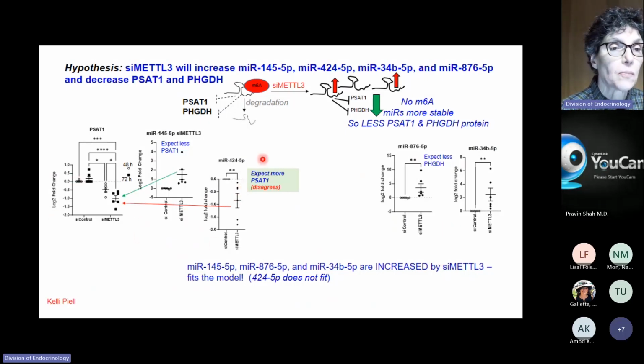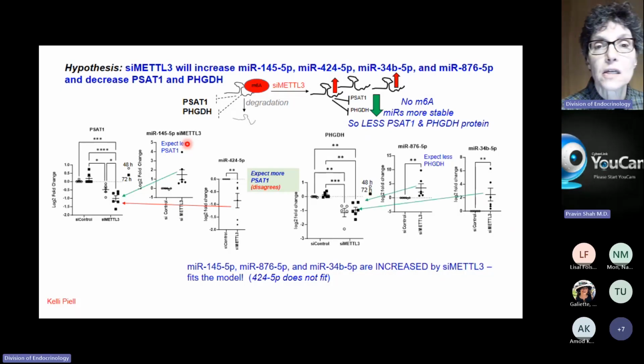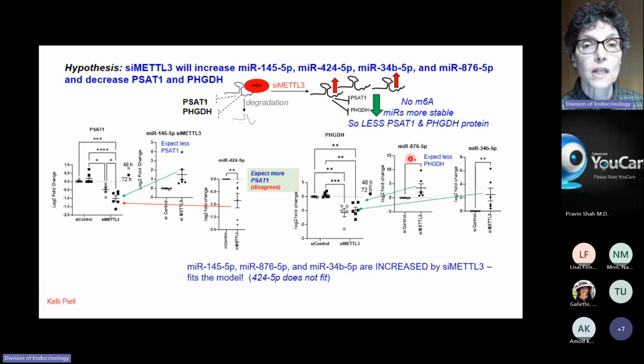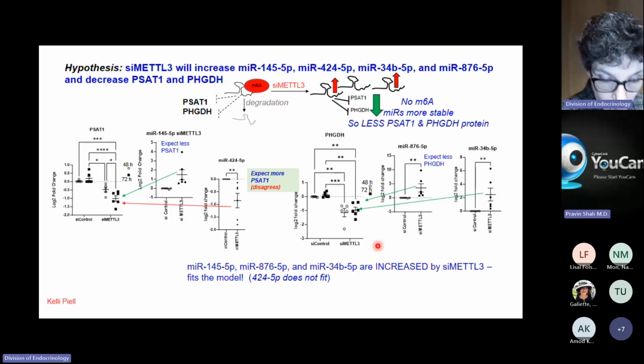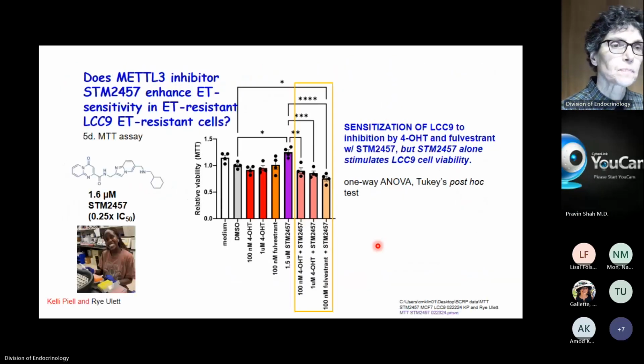So while the miR-424 result disagrees with the hypothesis, the 145-5p agrees with the hypothesis, and the data with miR-876-5p and miR-34b being increased with Si-METTL3 agree with the decrease in PHGDH protein and transcript expression that we saw in the LCC9 cells.